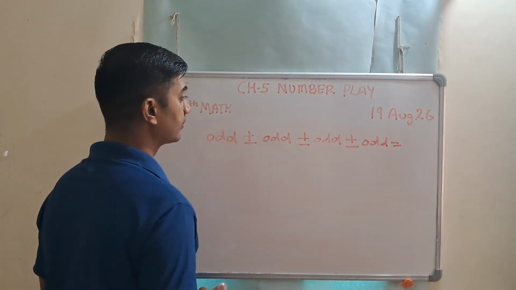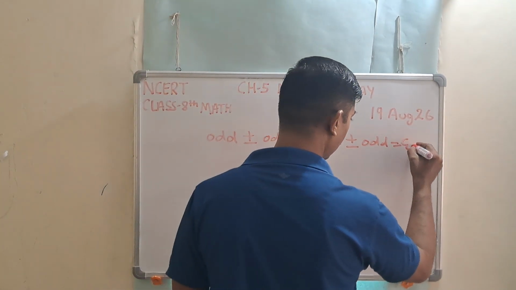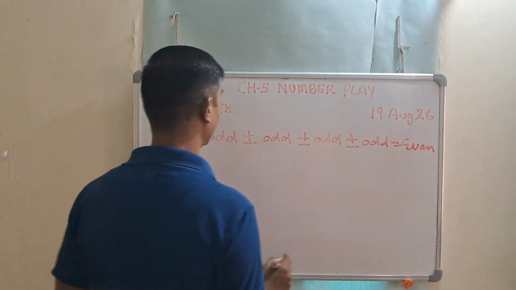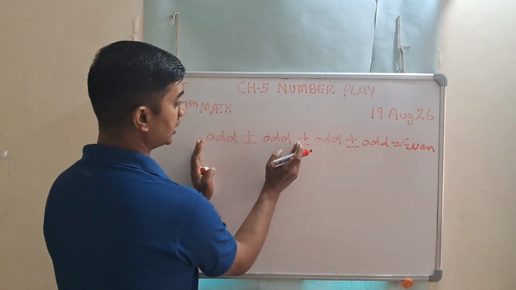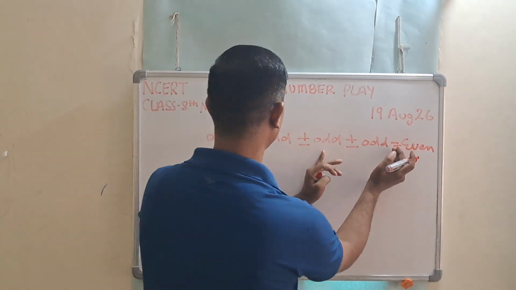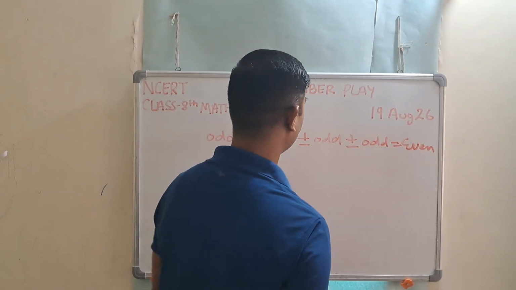Your result will be even. You know, this result will come as even. This result will come as even, and their combination is also even.